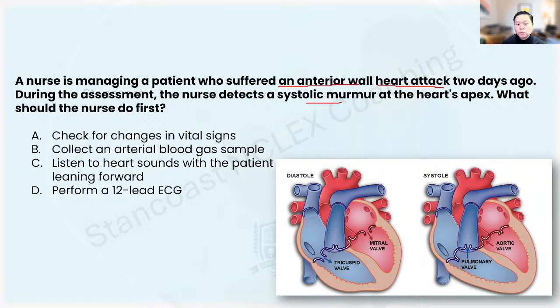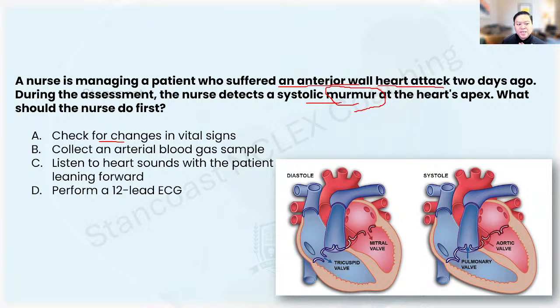So the patient already had an MI 2 days ago, right? So you are now working with this patient after that episode. 2 days passed, and now you are hearing the murmur. You detected that there is an abnormal heart sound, a murmur. What you should do is, is it A, check for the changes in the vital signs?